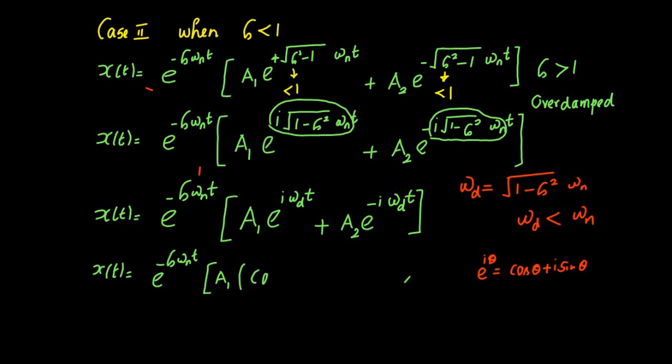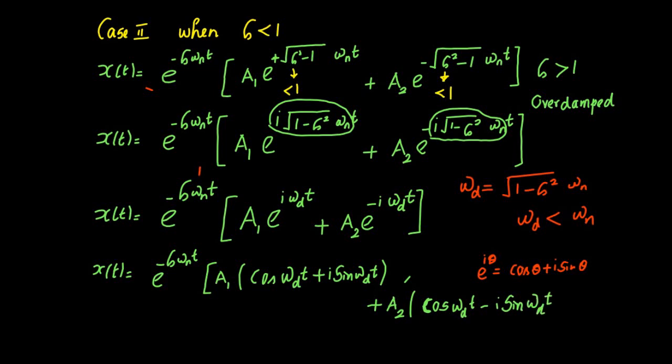In place of theta we have omega d t, so cos omega d t plus i sin omega d t. Plus a2 into cos theta, where theta is minus omega d t, cos theta minus i sin theta, so it's cos omega d t minus i sin omega d t.